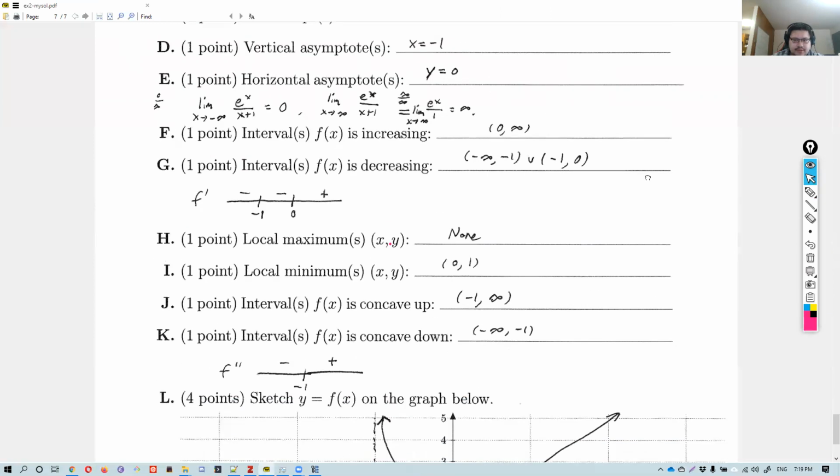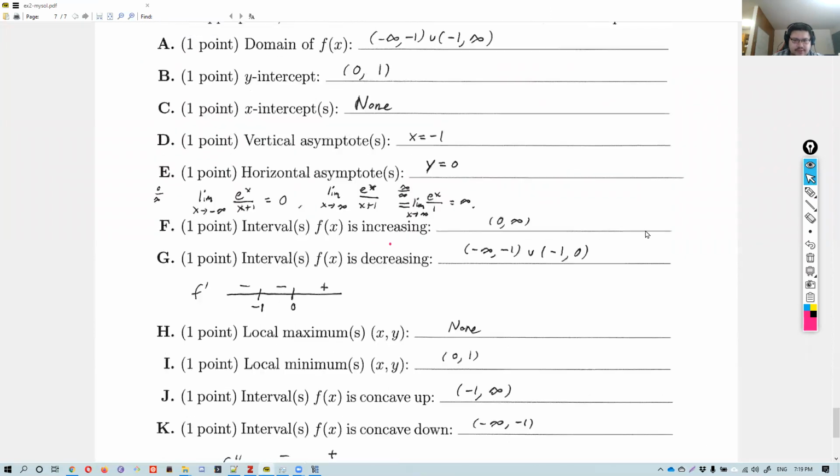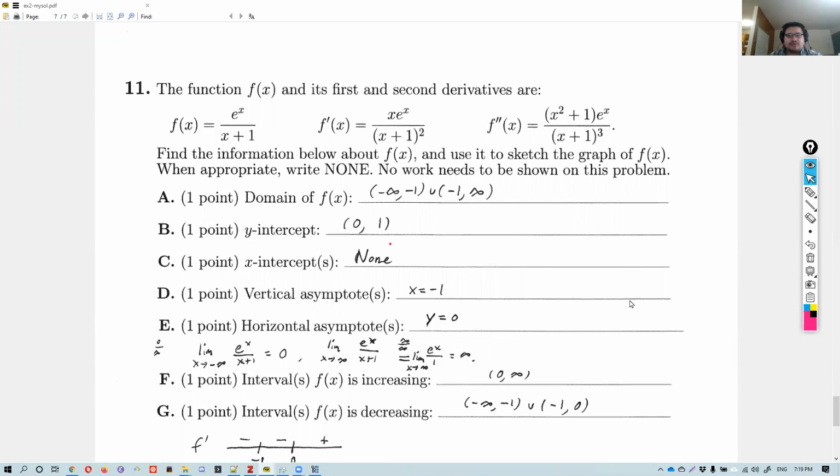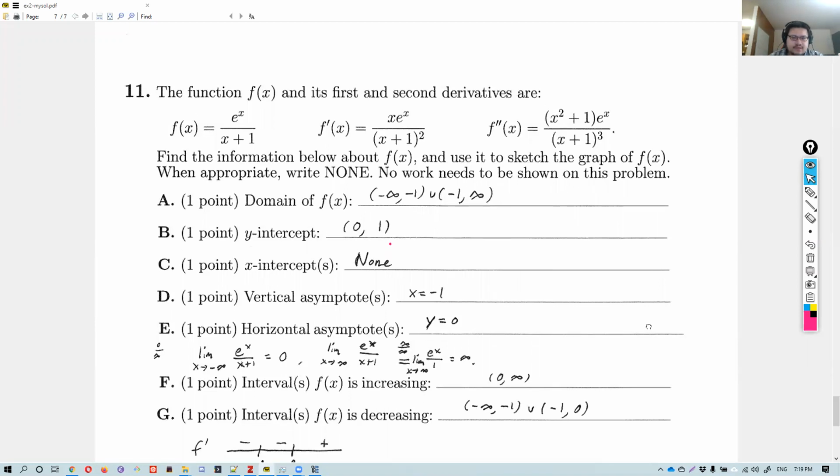Right. Then I think 11 is the last problem. Yeah. Well, there's a lot to talk about. So the domain of f, what we do is we look at this function f and we think, when is it undefined?